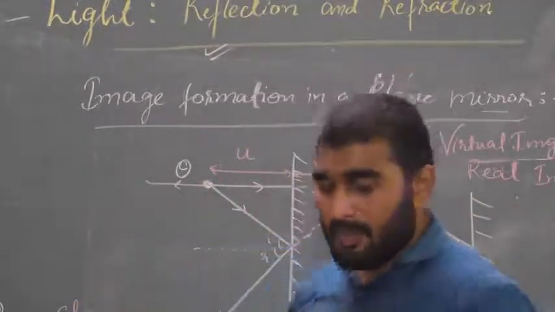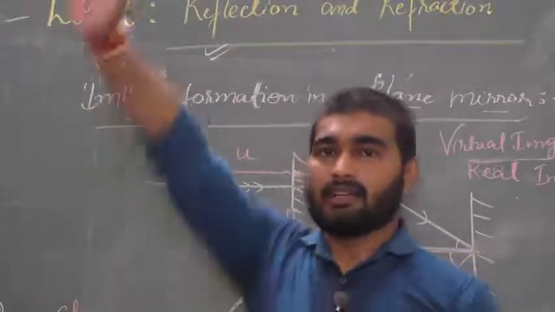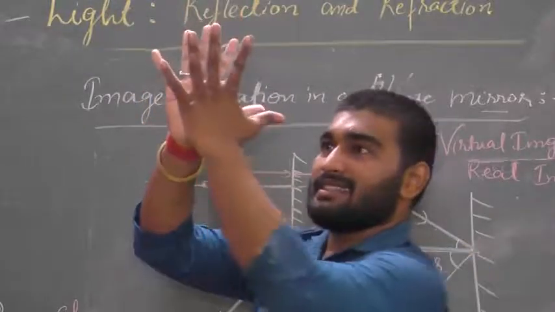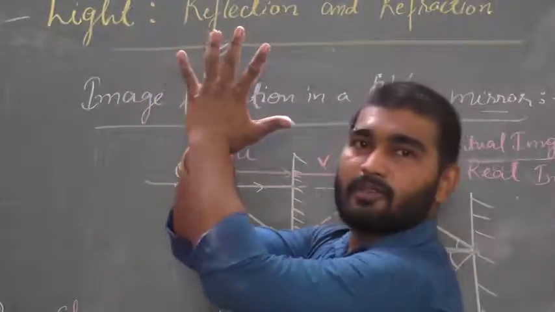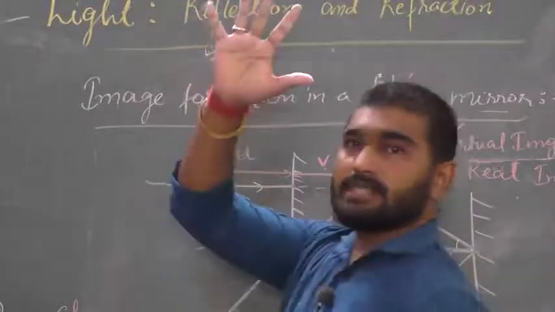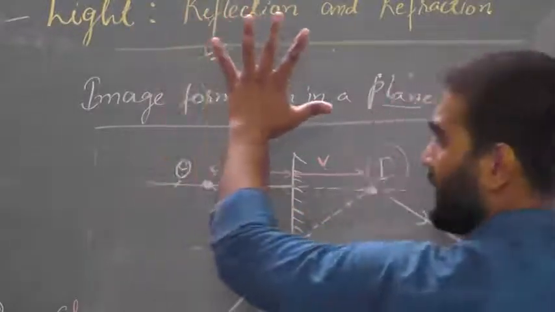Suppose we are standing in front of a mirror and raising our right hand. In this way the image will form inside the mirror. So this is my right hand, and the image will be left.